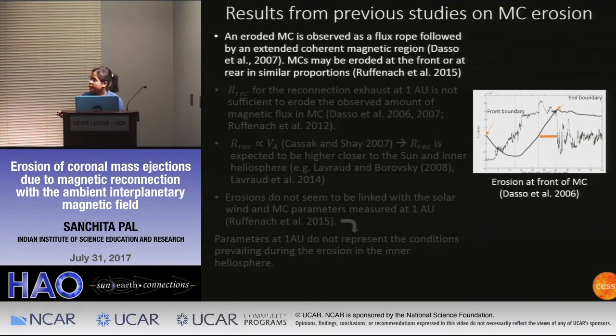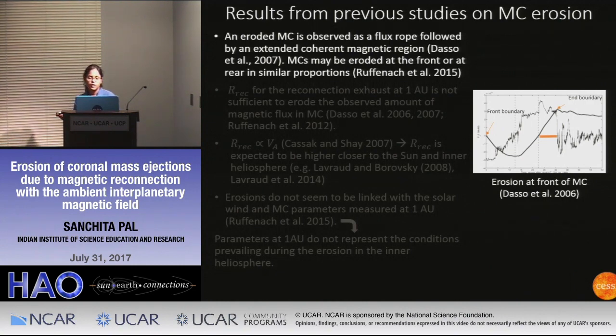You can see the front and rear boundary of the magnetic cloud is observed following the procedure which I have explained in the last slide. This orange color bar is representing the imbalance of the accumulated flux.